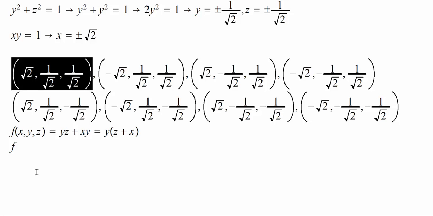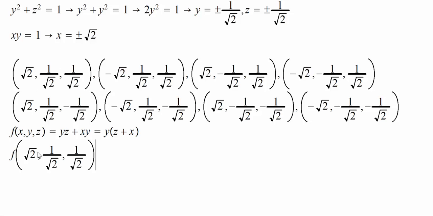Okay, now say I am finding f at all these points, right? Then what that will be, y is 1 over square root of 2, and then z plus x would be how much? Z is again 1 over square root of 2 and x is the square root of 2.